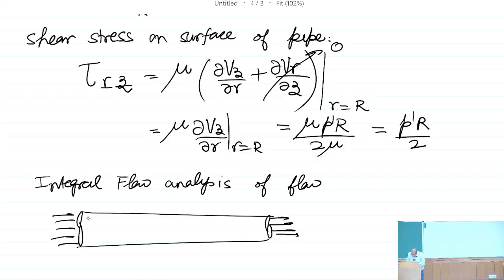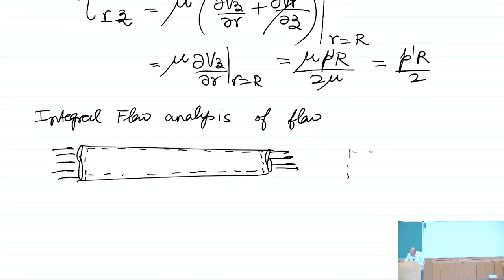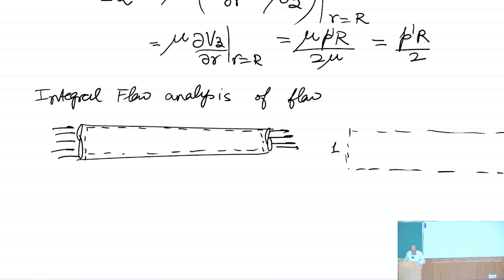Here I choose a control volume like this: 1 is my inlet, 2 is the outlet, and the horizontal line is the pipe surface. So now integral flow analysis in the z direction will give me the sum of forces in the z direction.